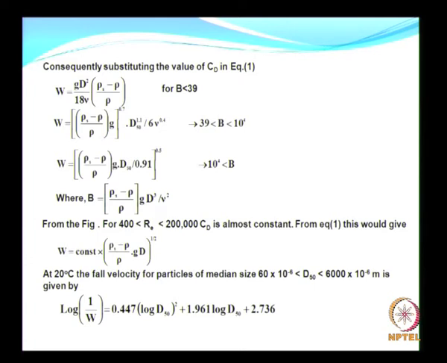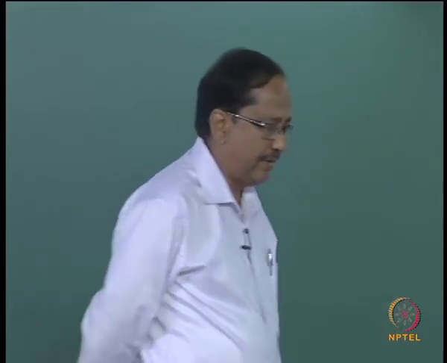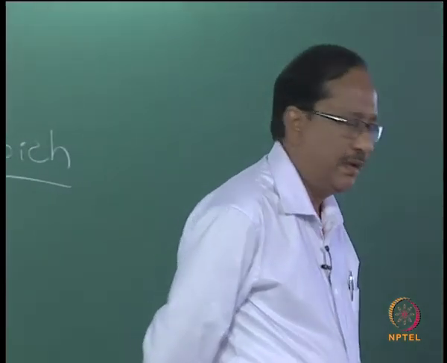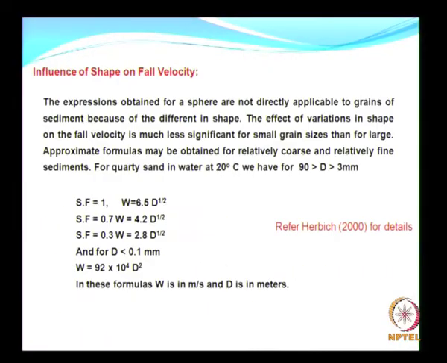So you have a sample and you want to know its fall velocity: perform the sieve analysis, obtain the D50, which we have already seen, substitute in this expression, and get your fall velocity. Do we have any kind of influence of the shape on the fall velocity? Why is this fall velocity important?